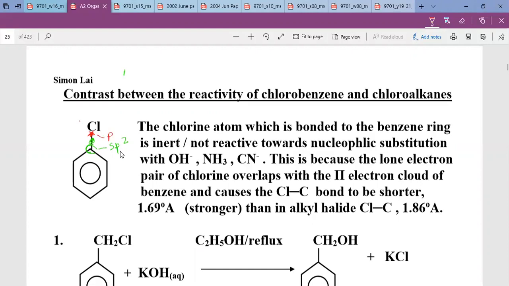You can put here s orbital, whatever, I don't care. But let's say the remaining 2 here are also your p orbitals. Some people think it is sp.